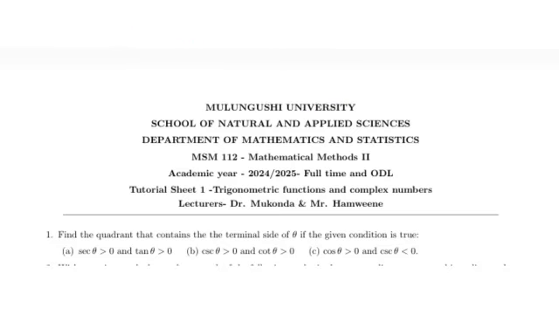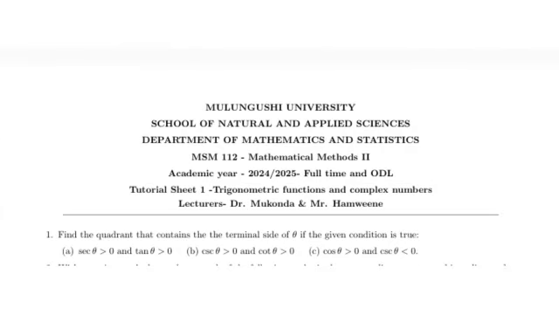The next question is saying cosec theta is greater than 0 and cot theta is greater than 0. So they are telling us that cosec theta is greater than 0, meaning it is positive, and cot theta is greater than 0.